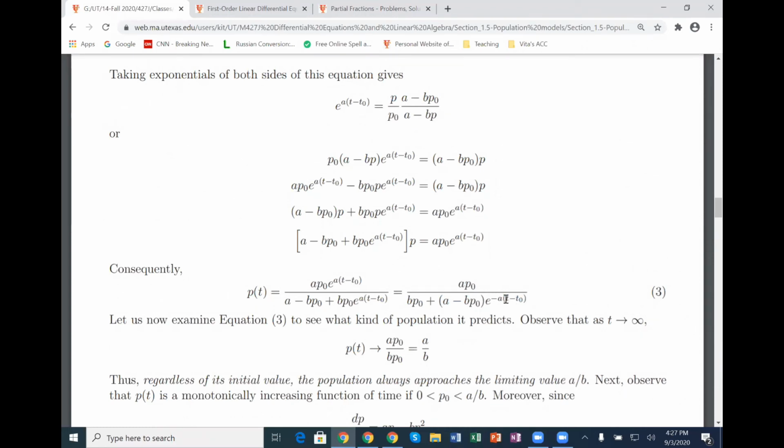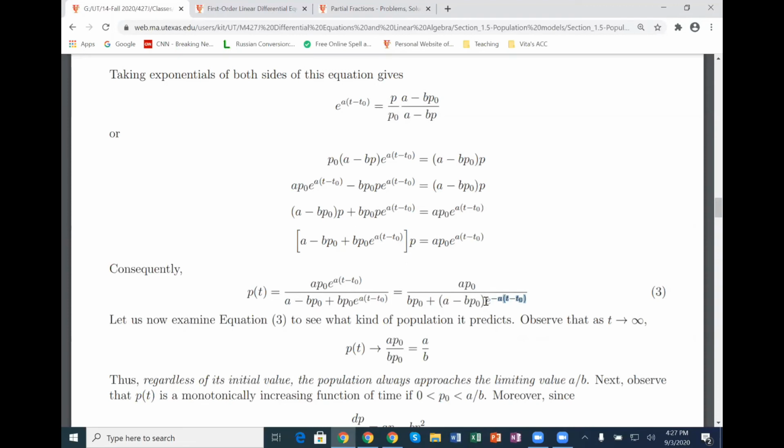But if we multiply a huge positive number by negative a, the whole thing becomes a huge negative number.